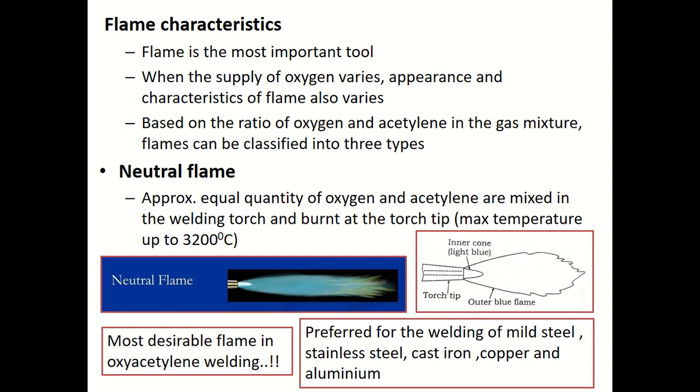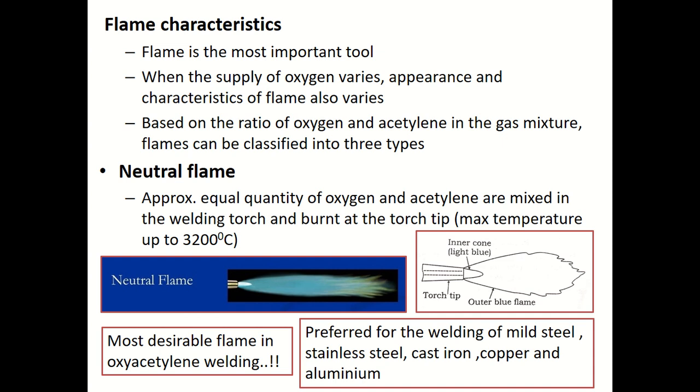We are going to discuss three different flames in oxyacetylene welding depending upon the ratio between the oxygen and acetylene. In the case of the neutral flame, you use equal quantities of oxygen and acetylene, mixed in the welding torch and burned at the torch tip. In this process, the maximum temperature that can be generated is up to 3200 degrees Celsius.